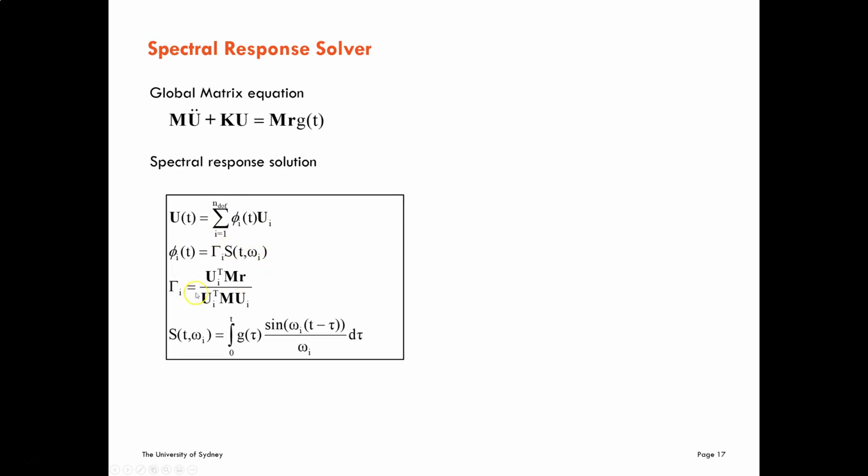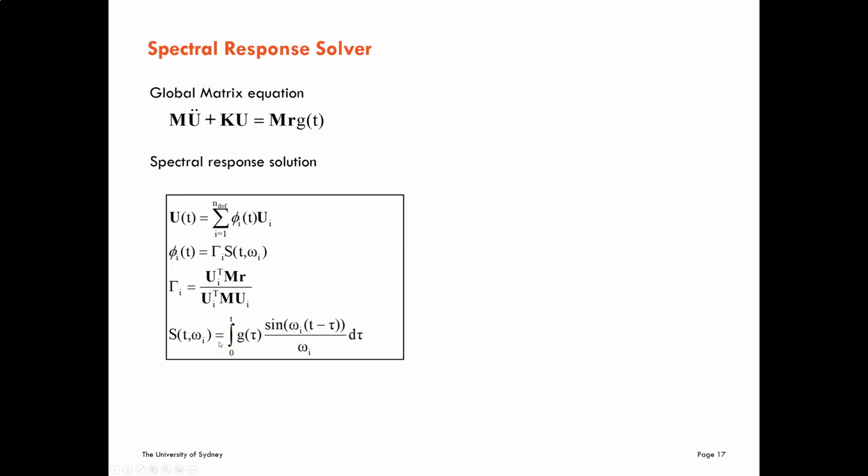The mass participation is in terms of the mass matrix, the vibrational modes, and the influence factor. This quantity is the integral over the accelerations imposed on the structure. This is the Duhamel solution.